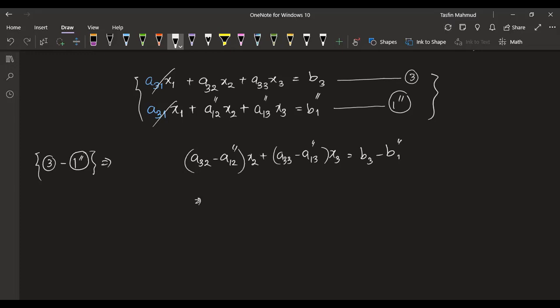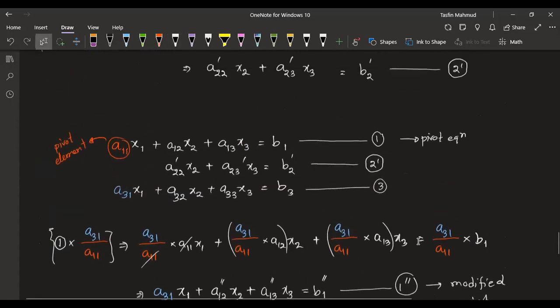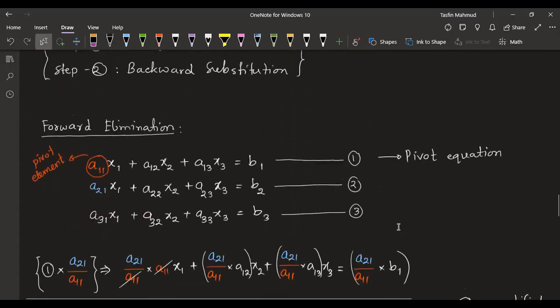So we are going to rename the coefficients. I can write it as A32 prime x2 plus A33 prime x3 equals B3 prime, and we are going to name it as 3 prime equation. Okay, so our system was previously this.